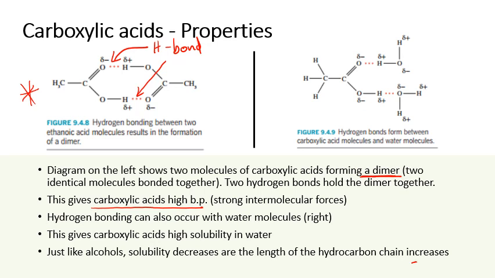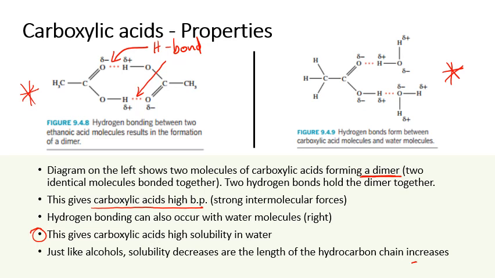But hydrogen bonding between the carboxyl group and water can also occur, just like the diagram on the right, and this gives carboxylic acids high solubility in water because they can also hydrogen bond to water. And just like alcohol, the solubility of carboxylic acids decreases as the length of the hydrocarbon chain increases.